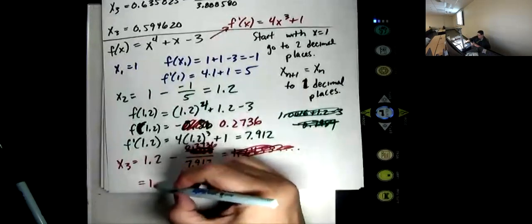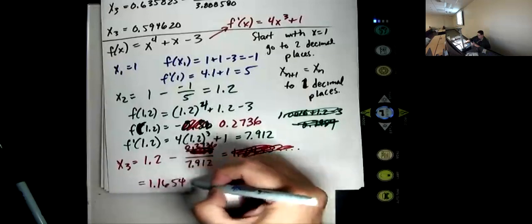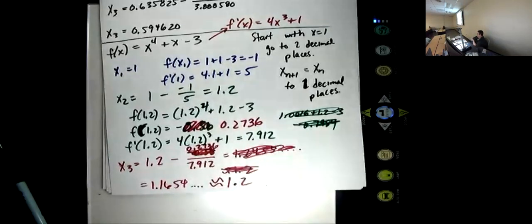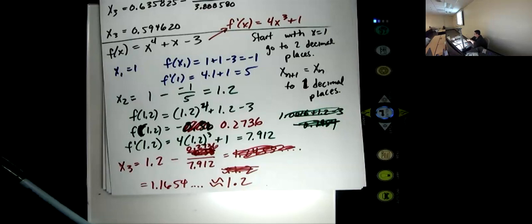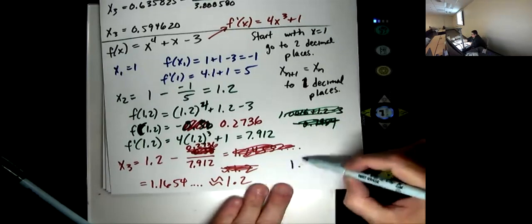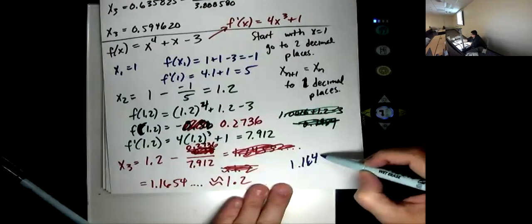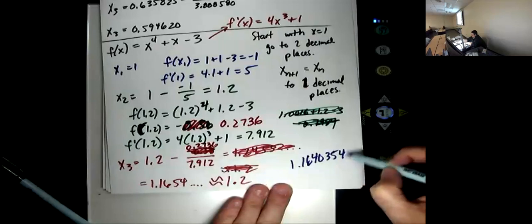So 1.1654 and some change, and that's still approximately 1.2. If you go far enough, you get 1.16403540. They start matching up.